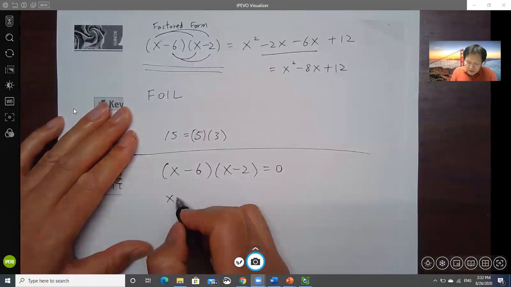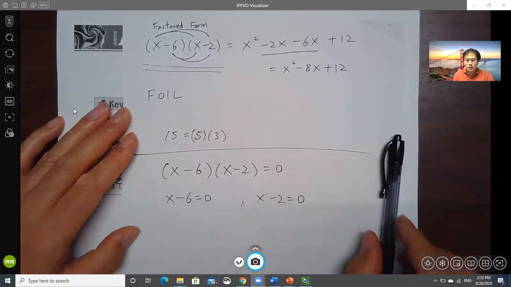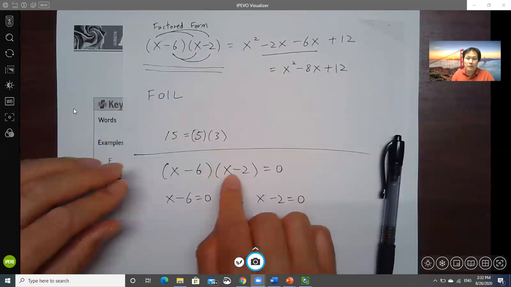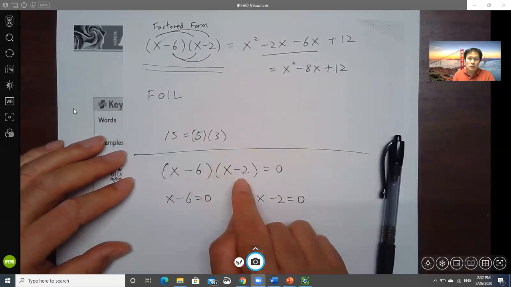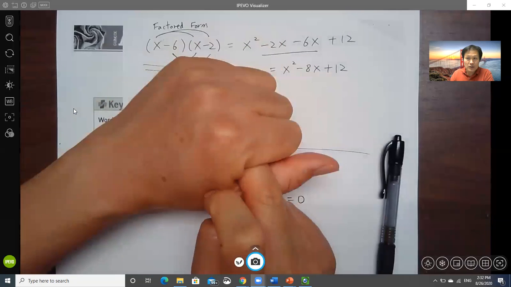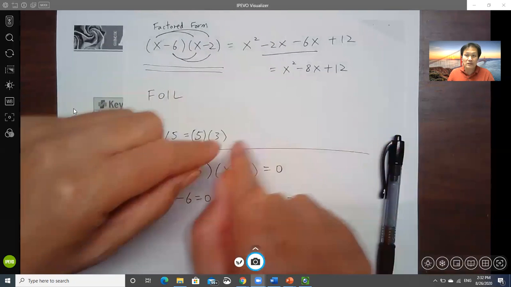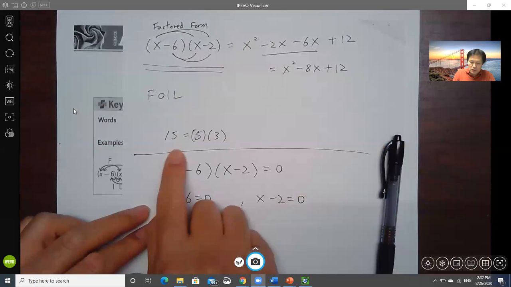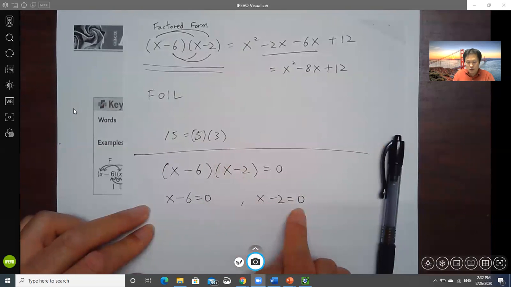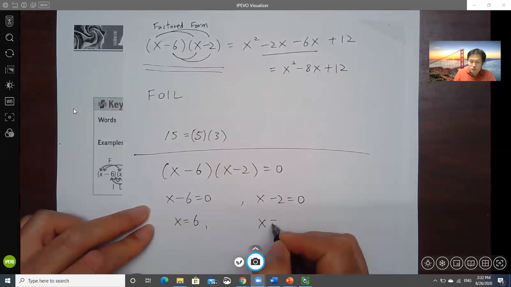Because something times something equal to 0, one of them has to be 0. If you multiply two numbers and neither of them is 0, you cannot make the product 0. One of them has to be 0. So this could be 0, or this parenthesis could be 0. Solve for x, solve for x. So you get x equal to 6, x equal to 2.